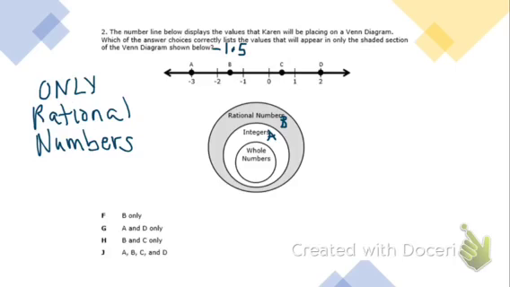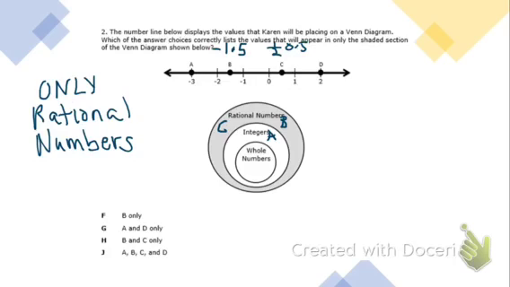Let's move on to C. It's in between 0 and 1. So what's half of 1, which is 1/2, or 0.5. So that's definitely a fraction. It's a terminating decimal, so I would say C is definitely a rational number only, to be specific.